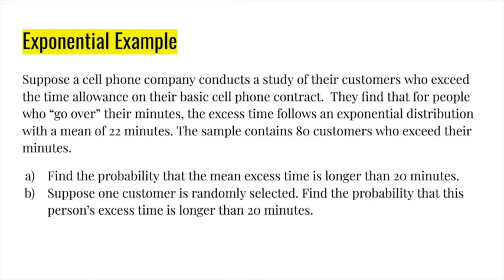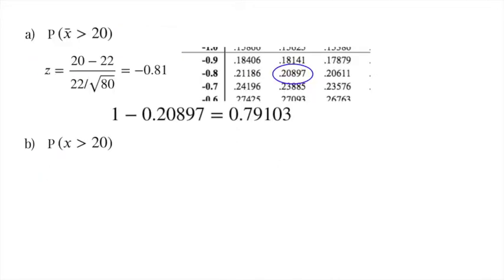For part B, this time we're just going to consider one customer. Suppose one customer is randomly selected. Find the probability that this person's time is longer than 20 minutes. Because this is not a central limit theorem question, we have to refer back to the type of distribution that this data follows. This was exponential, right? So if I want to find a probability involving an exponential distribution, I have to use the exponential CDF formula. Remember that was one of the few formulas that you had to memorize going into the midterm.